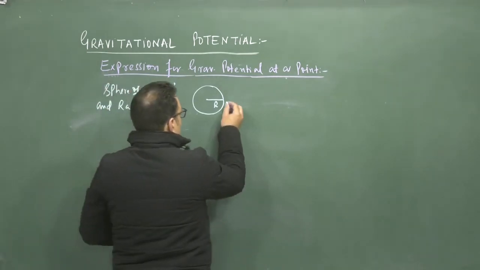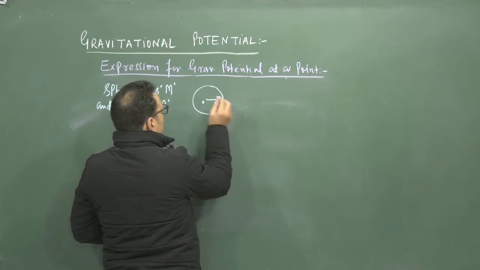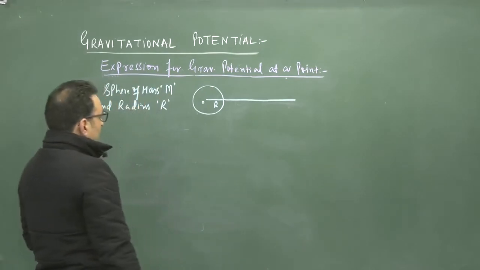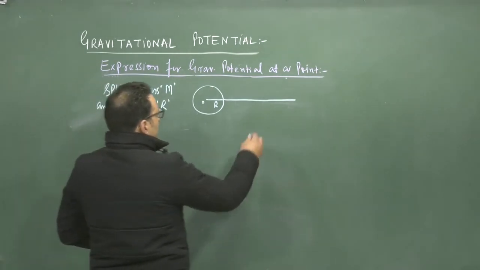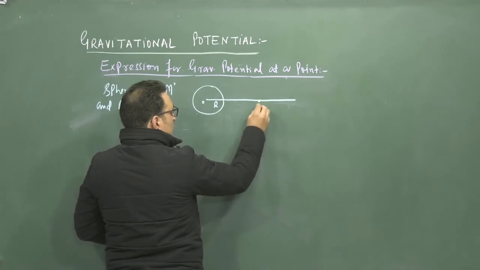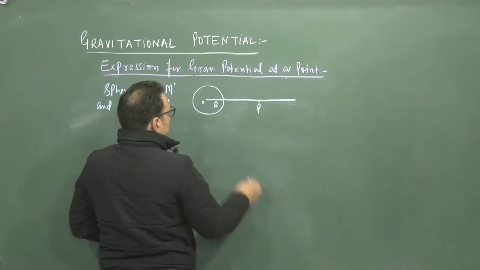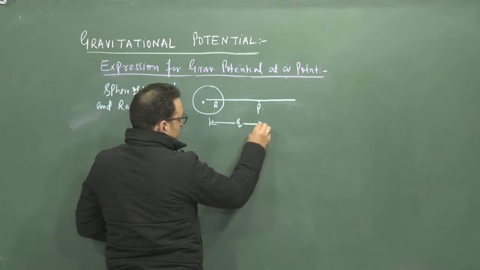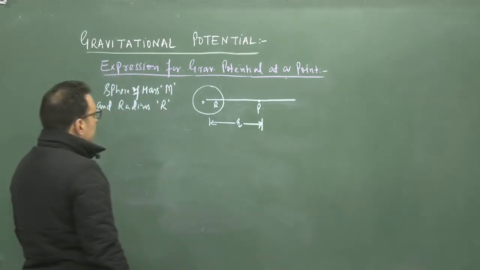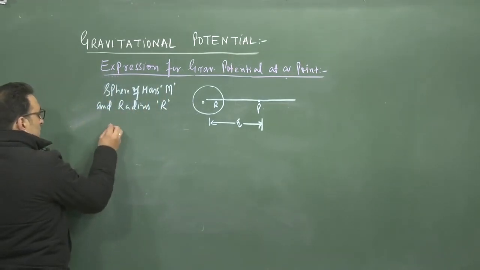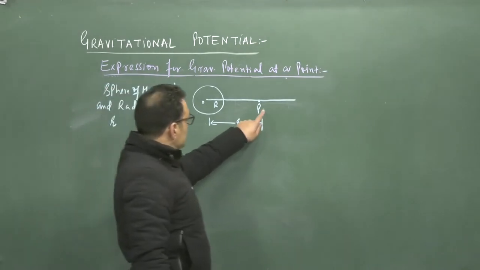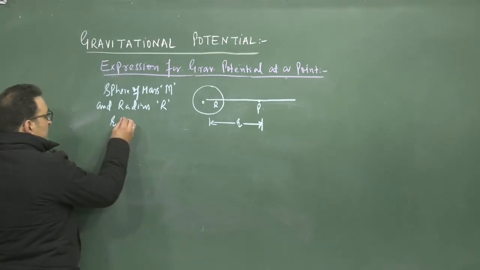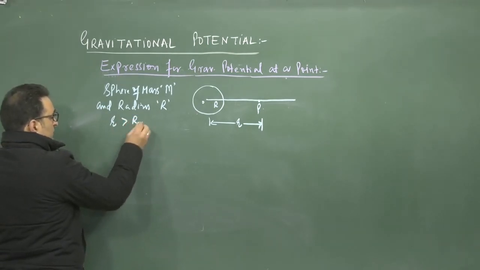Let this be the center O. Let me extend this line and take a point P on this straight line such that OP is equal to small r. It is clear that this distance r of the observation point P from the center of Earth is greater than the radius of Earth.